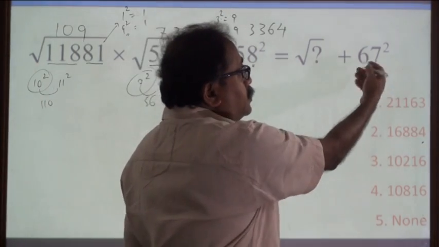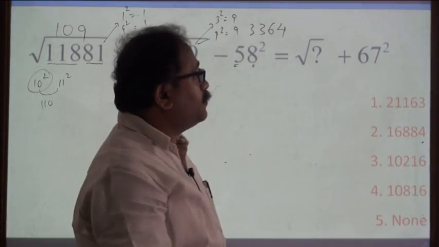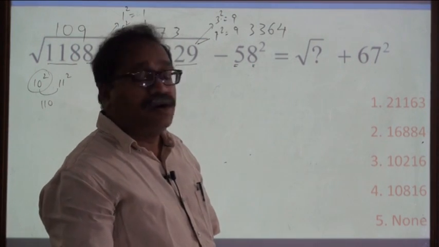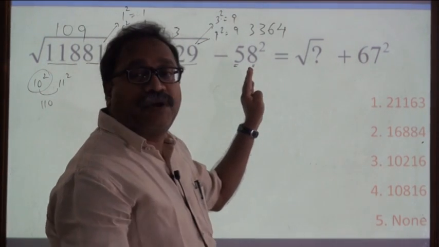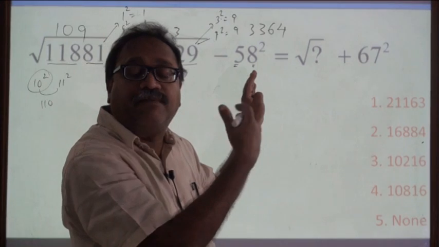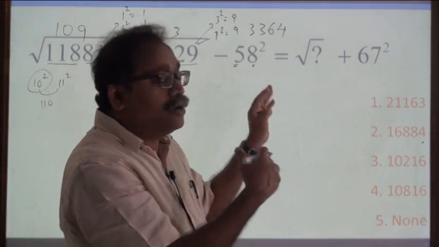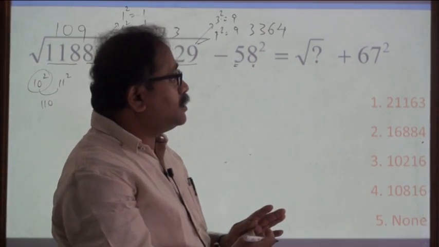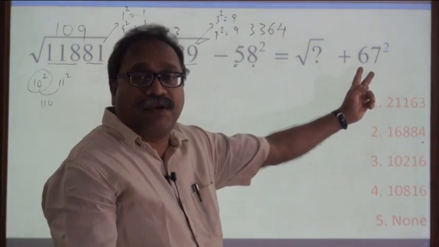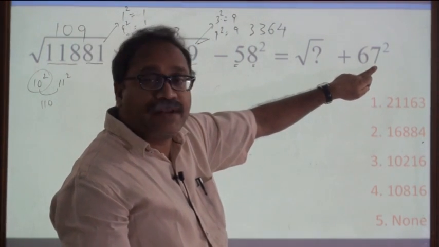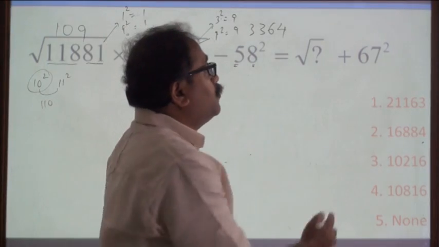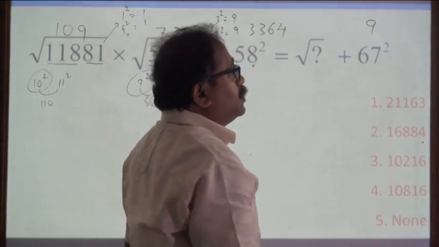There are 3 steps to find the square of any number other than special numbers, where the tens digit is 5, or the unit digit is 5, or the numbers are closer to 100. For all the other numbers we have 3 steps. Let's go with step 1. 7 square 49, carry 4.